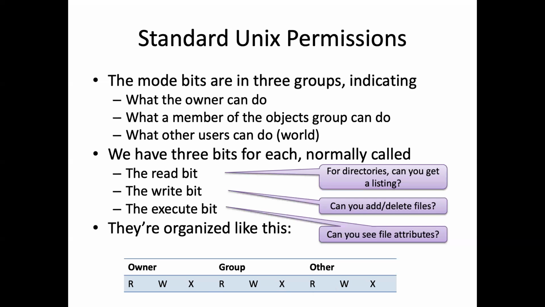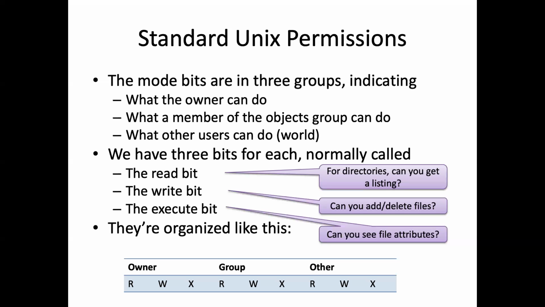Down here at the bottom, I've listed how each of those bits are interpreted by the OS, or what they're used for if you're trying to access the object. I describe these as if you were trying to access a particular file, but all of these bits are associated with other things in the operating system, including things like directories and semaphores or shared memory segments.